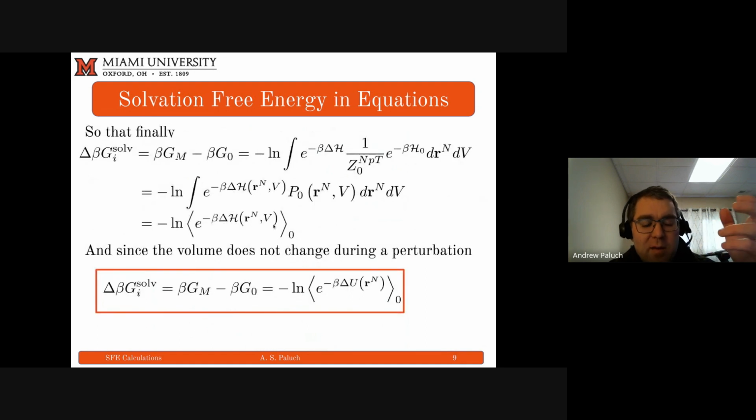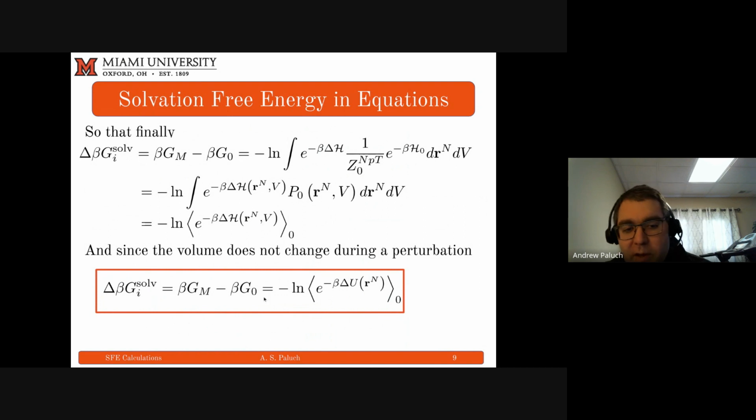But the comment here is, since volume's constant, so the volume's not changing when I perform this fictitious perturbation within state naught, my change in Hamiltonian is just equal to the change in internal energy. I'm just dropping volume here, because it's only going to be a function of configuration at that point.